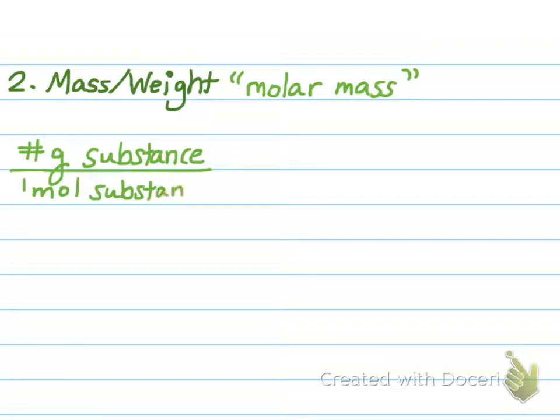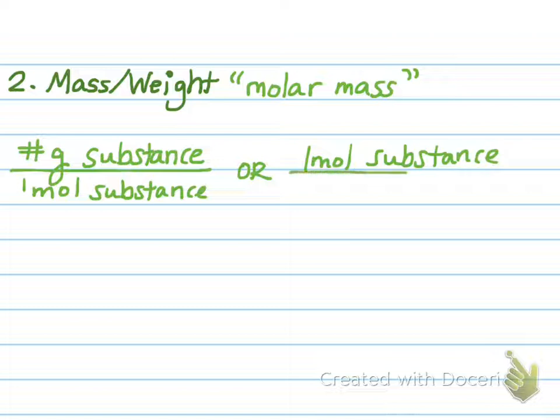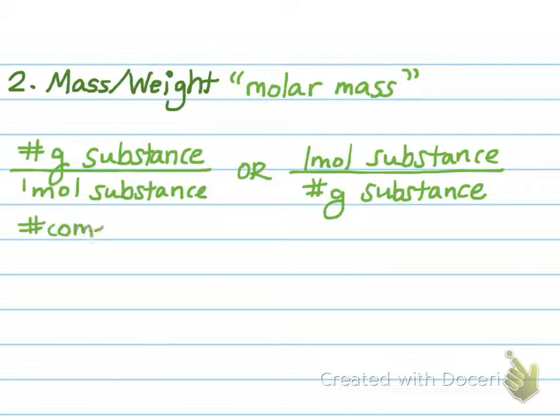And again, depending upon where I need my units to be, it could be 1 mole of a substance over my number of grams of my substance. Now, where do I get my number from? My number comes from adding my masses on the periodic table.